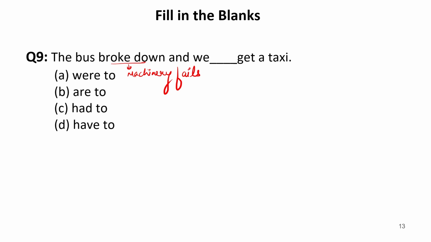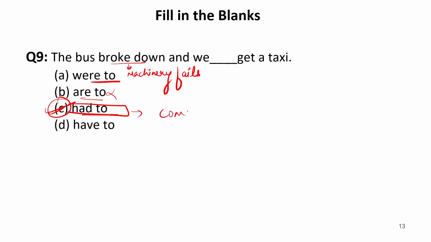It means it was a compulsion for all of us to take a taxi. So in this case, were to is not suitable because were to get a taxi means we were to do this, but it was the compulsion. Are to cannot be used as it is in present tense where we require past tense. Had to is the correct answer because had to shows the compulsion.